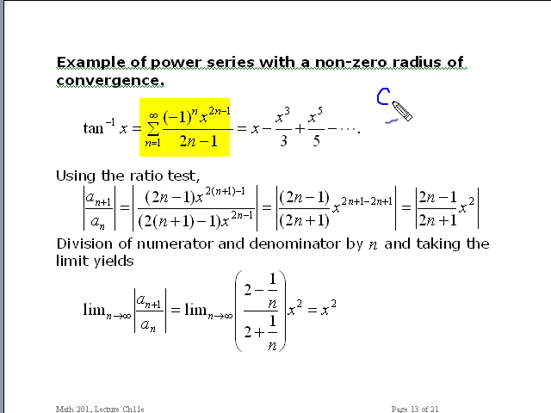So here, c n equals minus 1 to the n over 2n minus 1 whenever n is odd, and when n is even, c n equals 0. And we end up with an expansion. Here's the expansion. x minus x cubed over 3 plus x to the 5th over 5 minus x to the 7th over 7, etc.